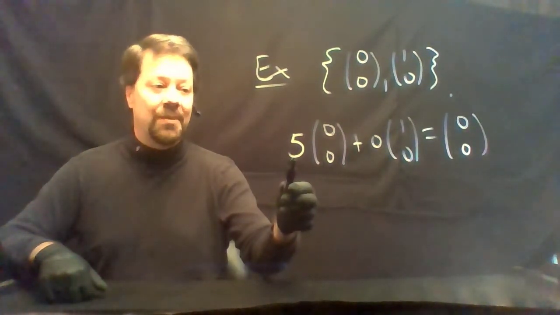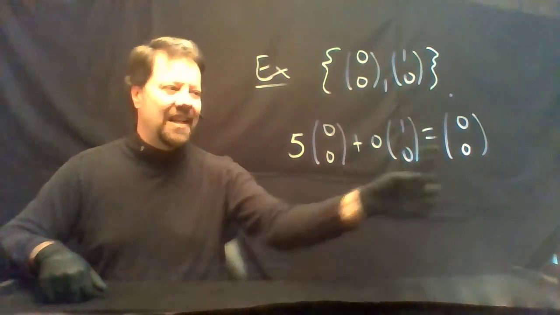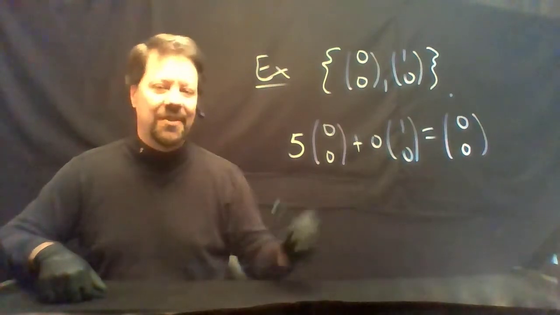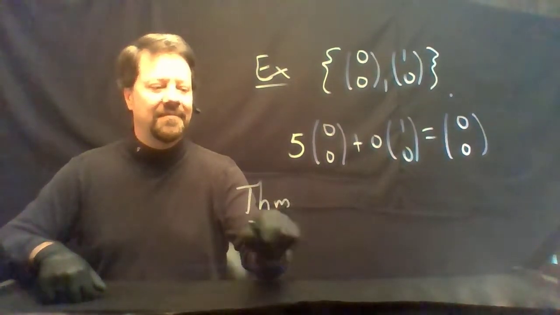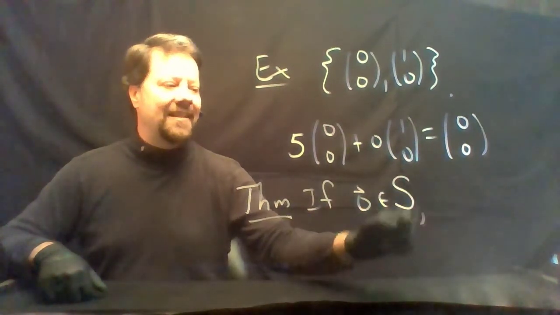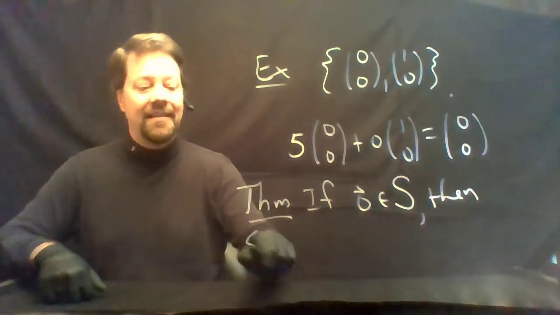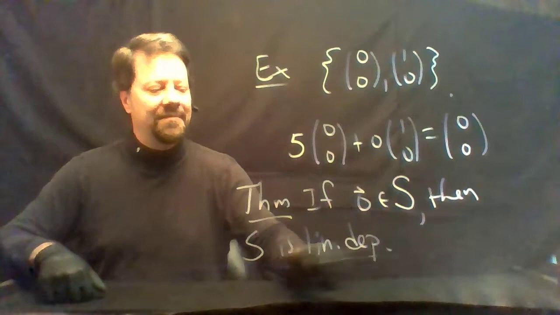Just take any scalar multiple of the zero vector and zero everything else out. You'll get a non-trivial linear combination that adds up to the zero vector. We'll have the following theorem. If the zero vector is an element of a set, then that set is linearly dependent.